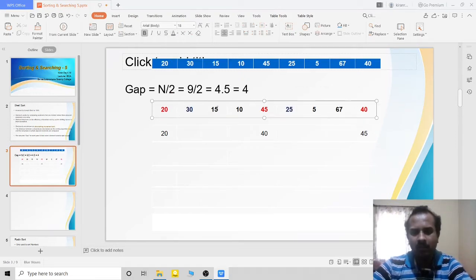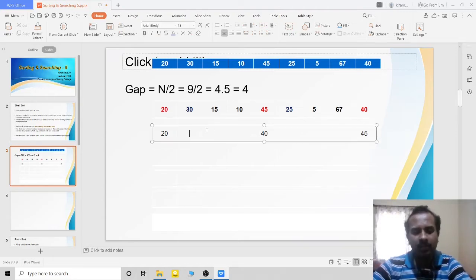So 30, 1, 2, 3, 4: 30 and 25. Now I will check whether 30 is greater than 25. Yes, 30 is greater than 25. Then I have to swap them: 25, and here I will have 30. I don't have further elements, 1, 2, 3, 4. Then the next element is 15.